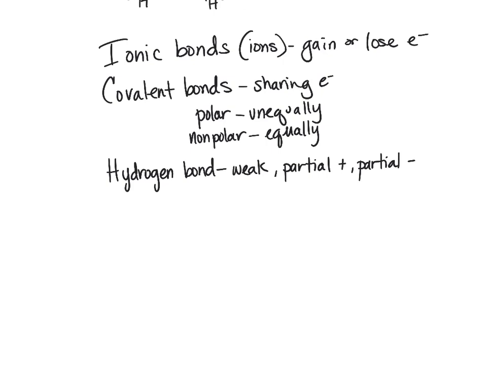So those are the 3 types of bonds that you need to be aware of, including the polar and nonpolar aspect of the covalent bonds. And this is going to be important as we talk about water, specifically because it's very special, being that it's polar. But then also as we talk about our different biological molecules that we see, for example, our carbohydrates, our proteins, our nucleic acids, our fats, lipids, all of those things are going to be based on these ideas that you should be familiar with.